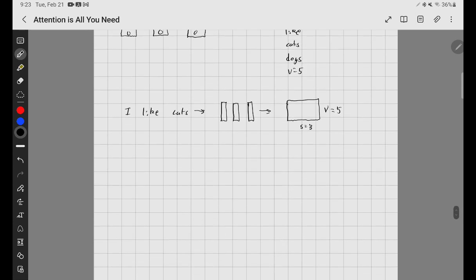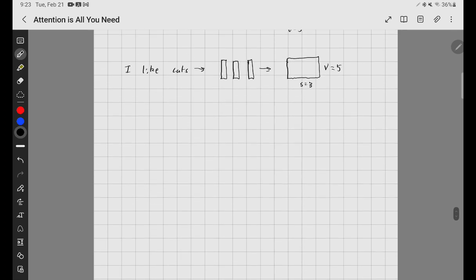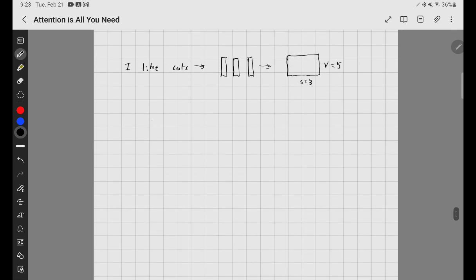But one of the problems with this is if I were to use the feed-forward layer on this, so we have the 3 vectors, this would be I, this would be like, this would be cats, feed-forward layer, and if I throw the values through here, they're going to be independent of each other.